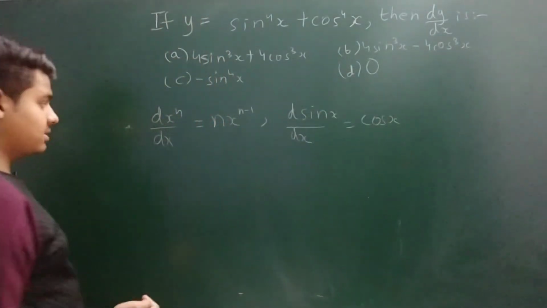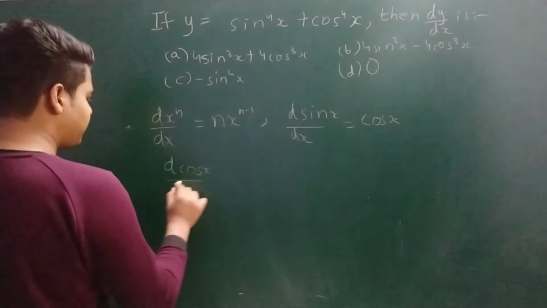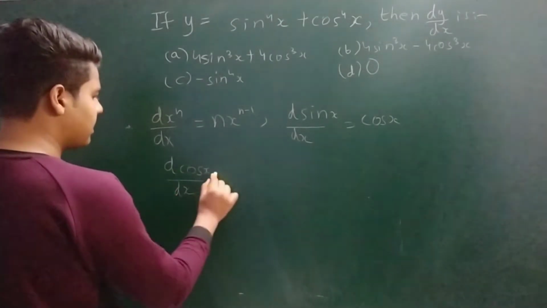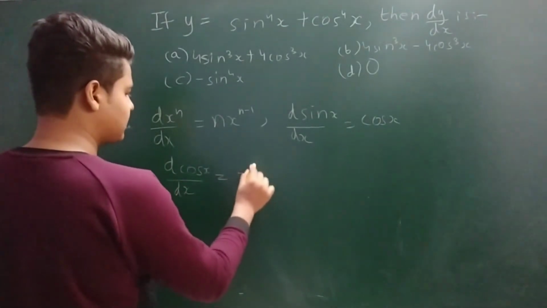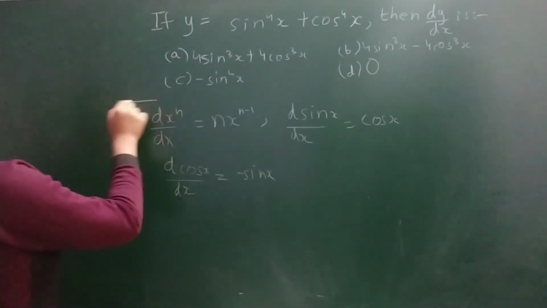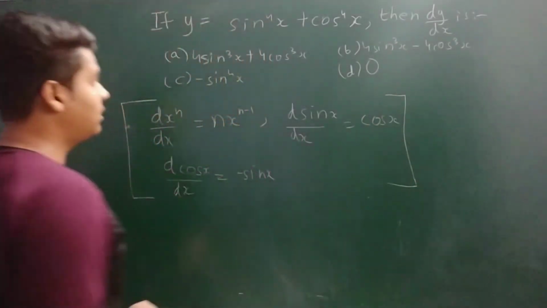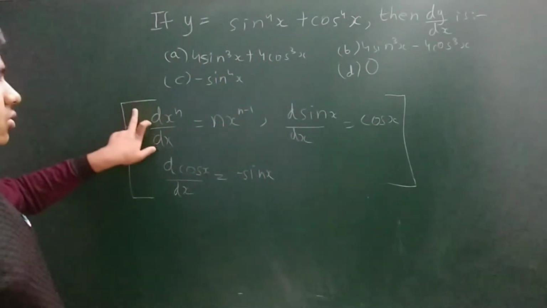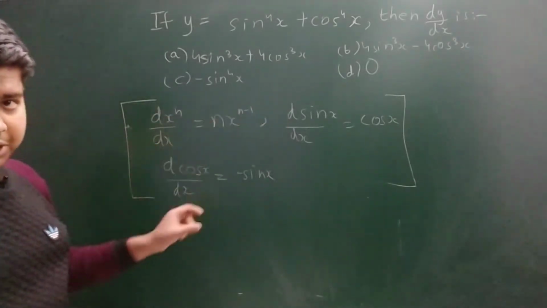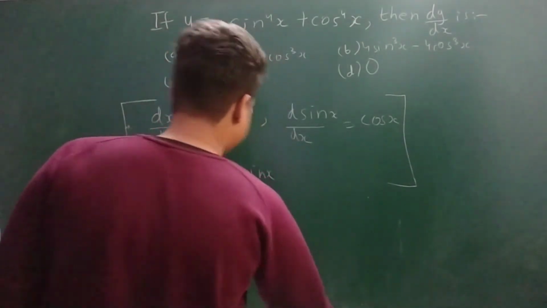And the third tip is differentiation of cos x with respect to x is always minus sin x. With these tips kept in mind, our question will be solved very easily. So please note down these 3 points and I'll erase it so that we'll be able to solve the question.